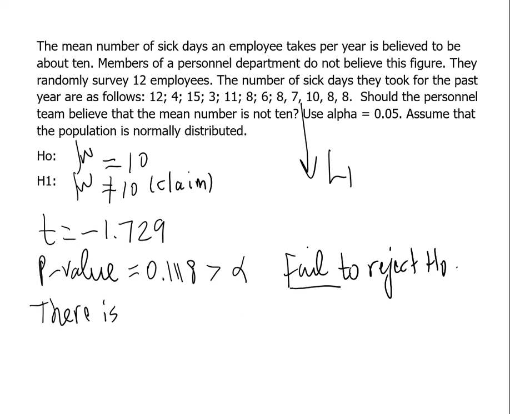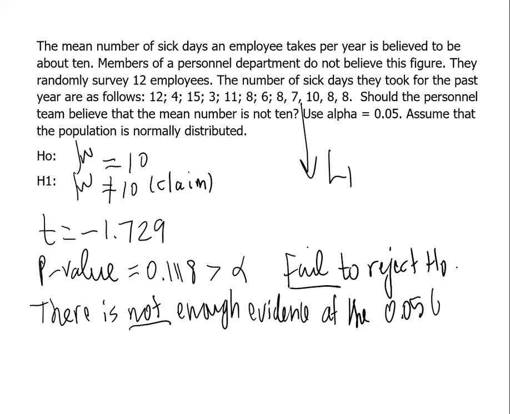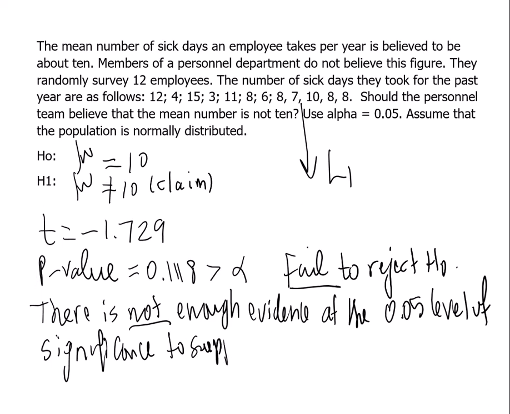Anytime you do fail, you have to start with there is not enough or sufficient evidence at the 0.05 level of significance to support the claim that the mean number of absences is not 10.